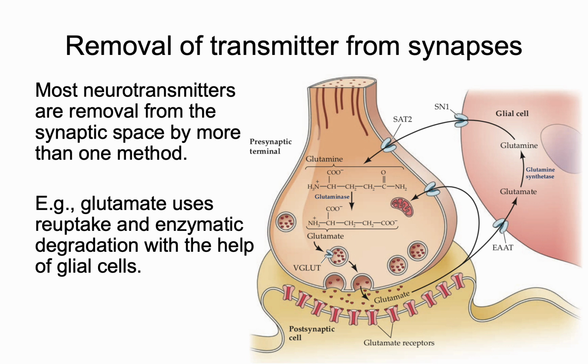We have the EAAT, which stands for the excitatory amino acid transporter, which can transport glutamate directly back into the presynaptic cell, or often it's taken up by a neighboring glial cell.